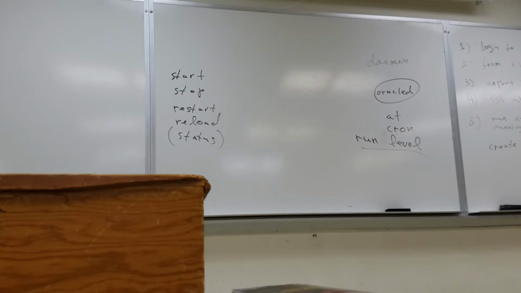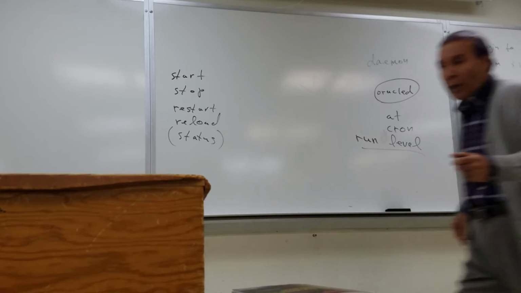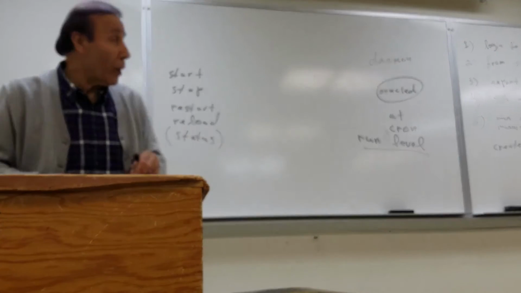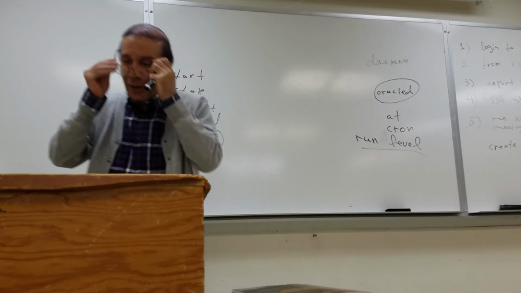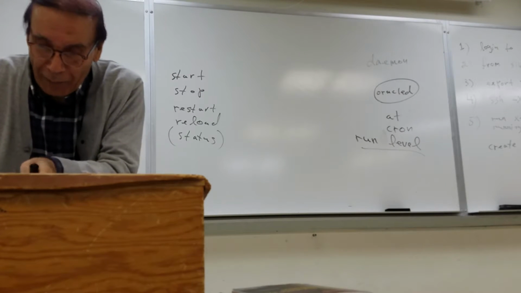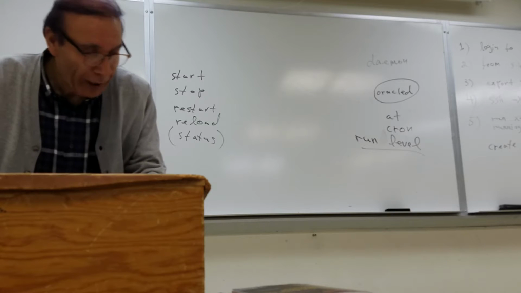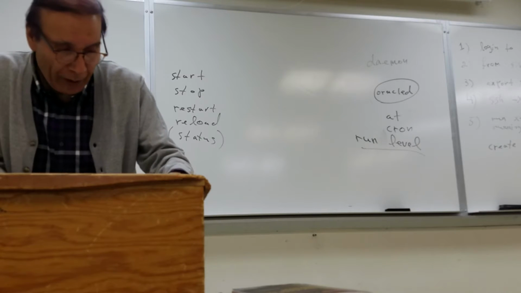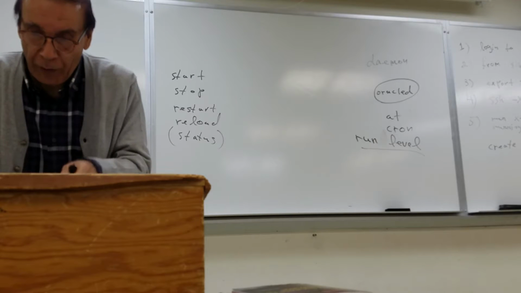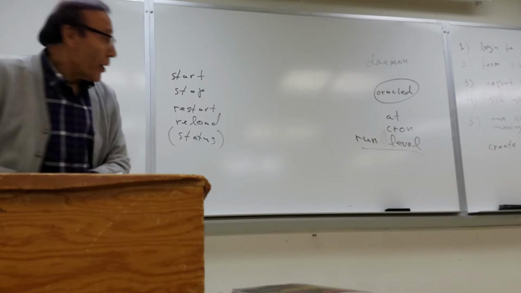Now, I'm going to give you a listing of run levels, because we need to set this up based on certain run levels, so we need to know what's going on. Let me get into this subject very fast, I don't want to waste time. First of all, run level 0.